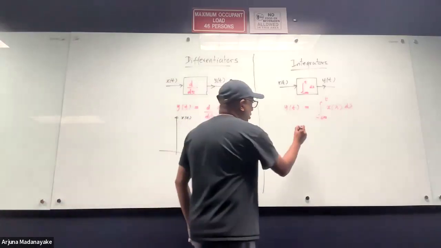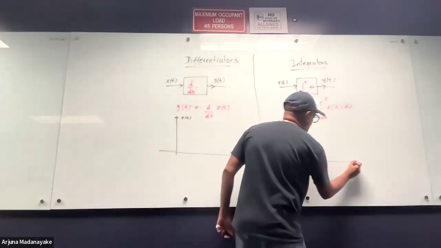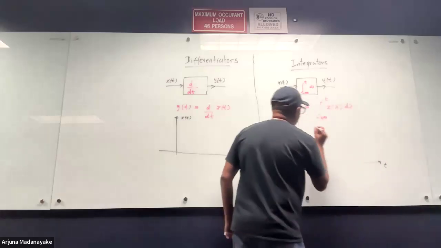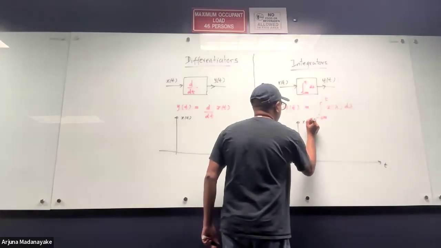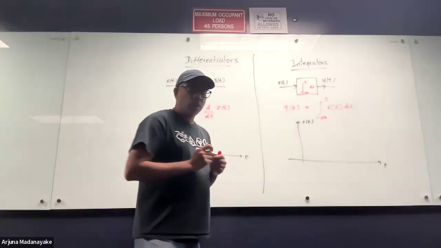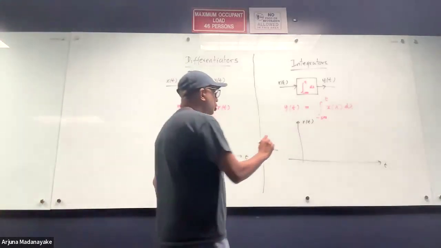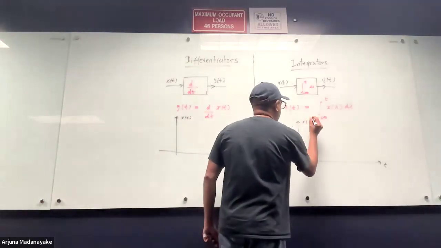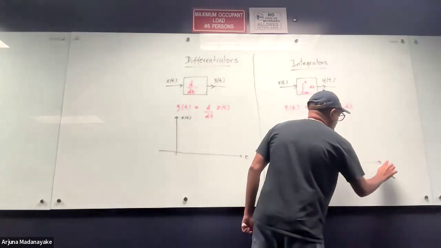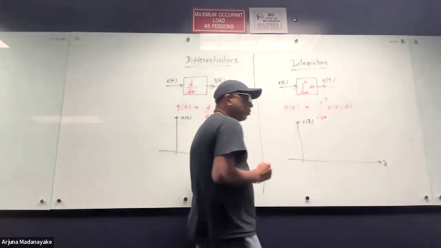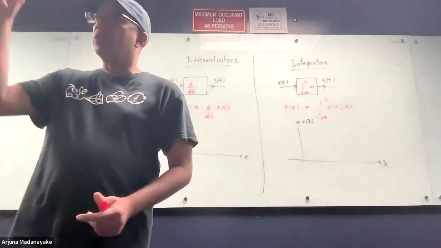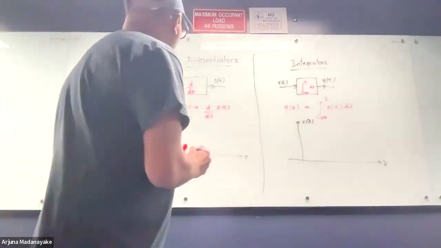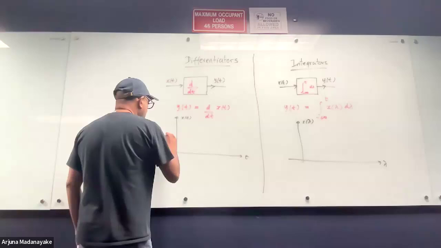Similarly, this is time. This is x of t. I'm going to use the dummy variable, lambda. That's just a dummy variable for calculus. And we have a function. So let's say this is the function.